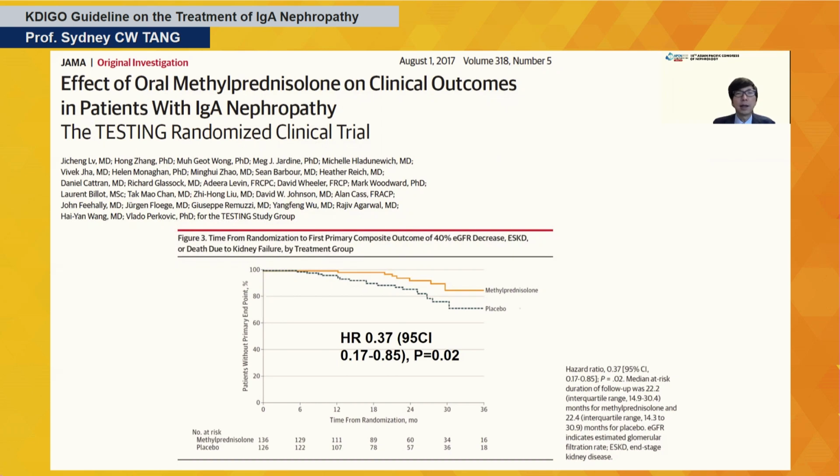An early analysis of the TESTING trial suggested efficacy for corticosteroid, and you can see that the hazard ratio was down to 0.37 for patients who received corticosteroid in terms of reaching the primary endpoint. So data from this study suggested efficacy in using corticosteroid.